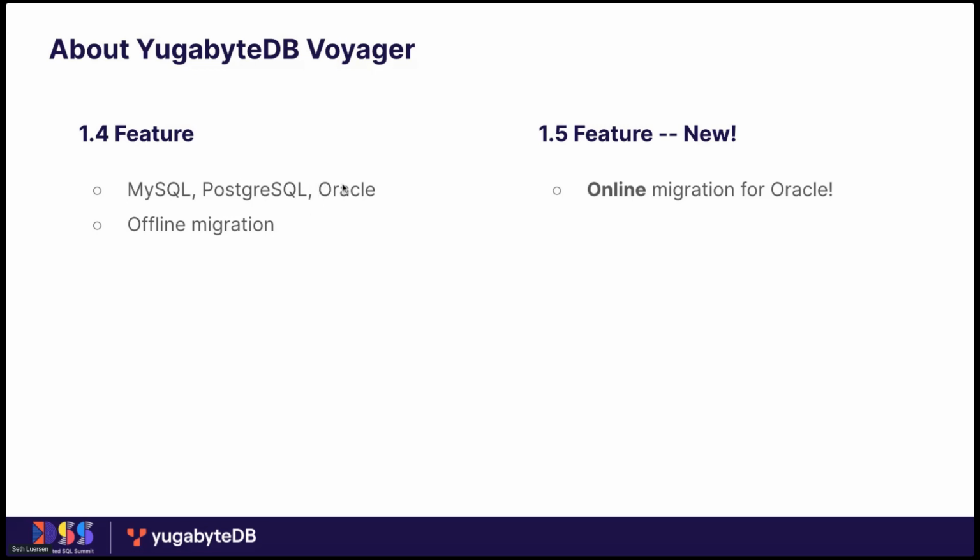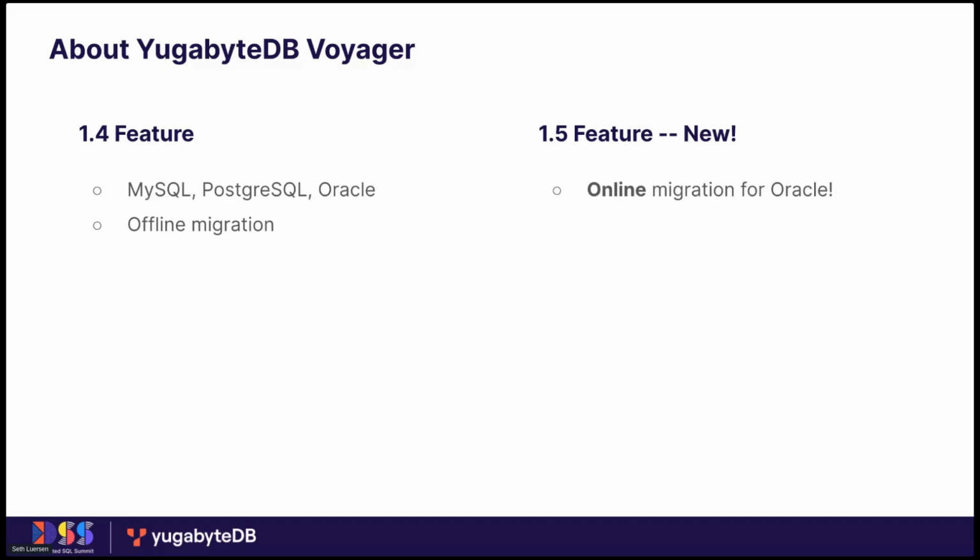I believe it's 19, but it could be 21. And 1.4 supports offline migration. An offline migration is when you stop your source database, in this case our MySQL, from client connections. You're stopping more writes to it, and then you're migrating into the target database, in this case our highly available PostgreSQL database, YugabyteDB.